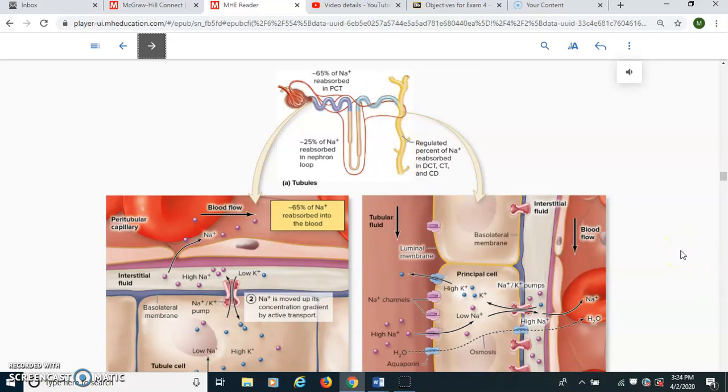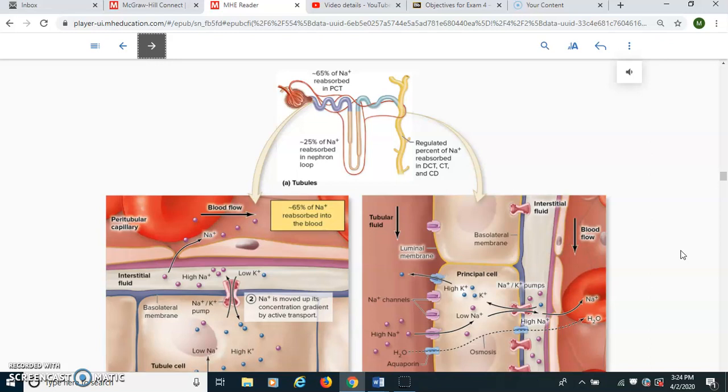All right, and how that is regulated is a hormone, and you've heard the name of this hormone before. It's called aldosterone. Aldosterone is a hormone that's made by the adrenal glands.